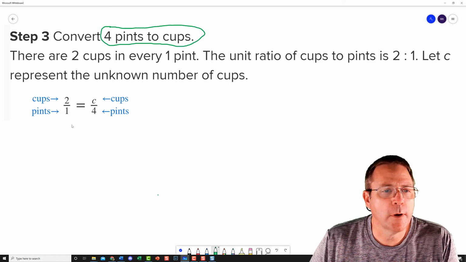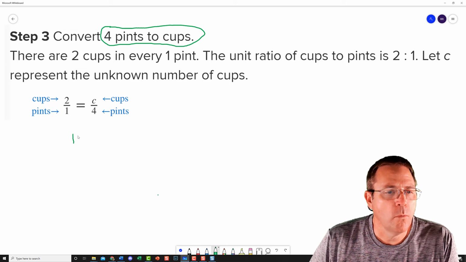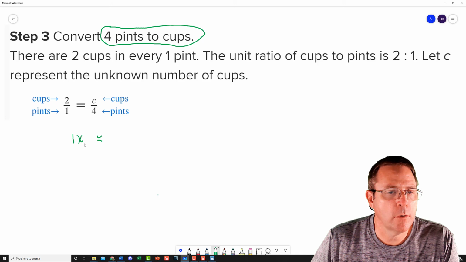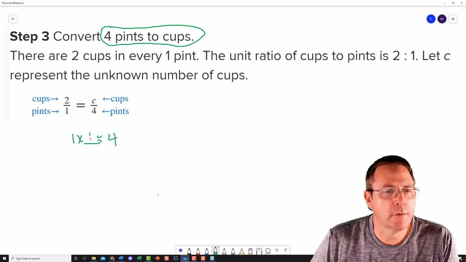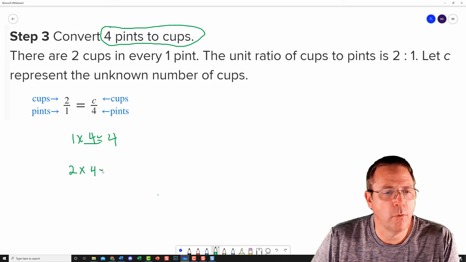So from there, you could say 1 times what number is equal to 4, and of course that is going to be 4. So if you multiply the bottom by 4, that means we have to multiply the top by 4 as well. 2 times 4 is going to equal to what? 8.